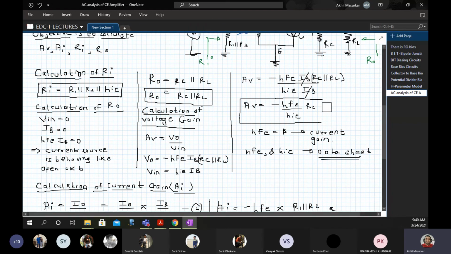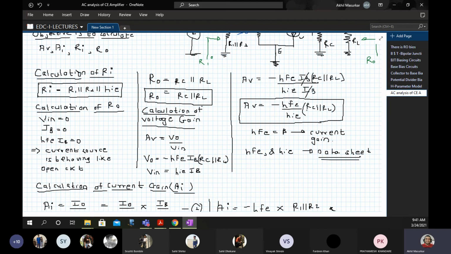Actually, if you connect a load resistance, the gain is going to decrease, because in a parallel combination the net resistance is lower than the least resistance. If RC is 10 and RL is 10, then 10 parallel with 10 will be 5. But if only RC exists, then it will be just 10 kilo ohms. So you will be able to derive a higher gain if you have only RC but no RL.